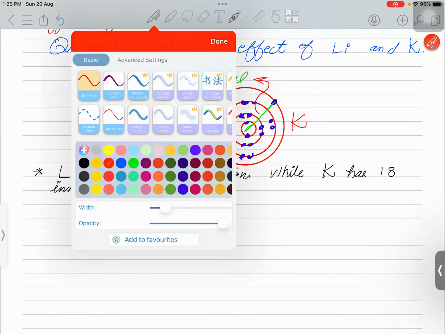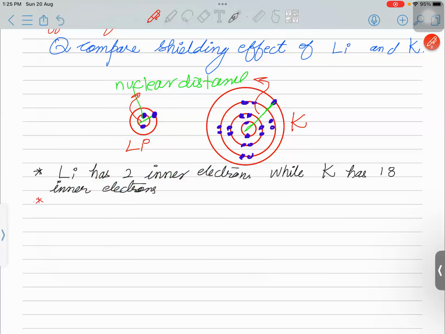Point number 2. Can anyone tell me which one has more shielding? Potassium.